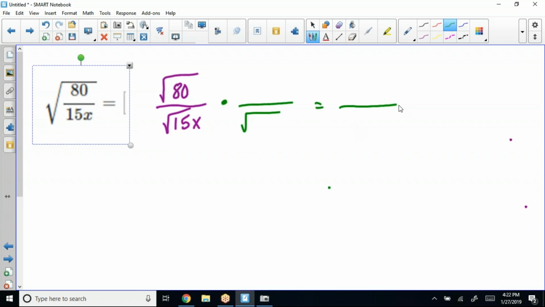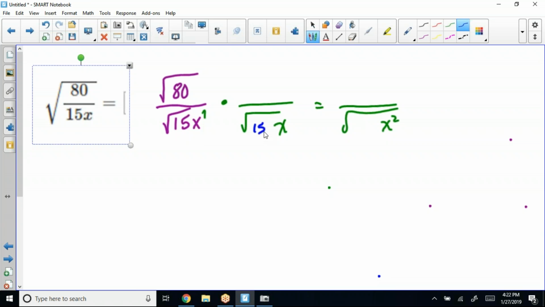We're going to rationalize this. Let's just go ahead and split it: 80 over 15 of x. I definitely know I need an x squared, because I've got 1x here. In order to get it to come out, it has to be groupings of 2. So we definitely know we have to have an x there. Then, of course, to make a perfect square, just times it by 15.